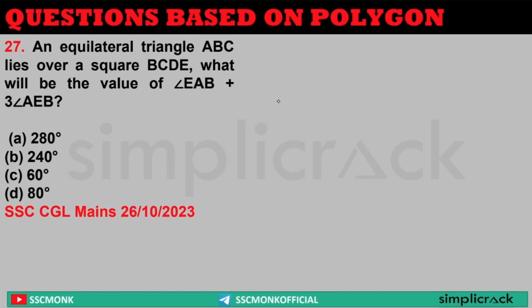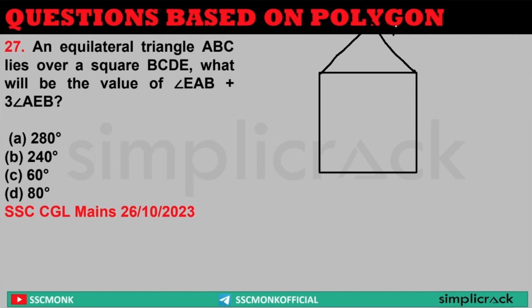Next, an equilateral triangle ABC lies over a square BCDE. So let's say this is a square BCDE. Okay, so this is a square. So this is an equilateral triangle ABC. Let's say A, B, C, D, E. So if I connect AE here, it is asking what is the angle.